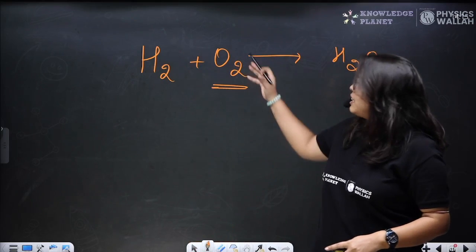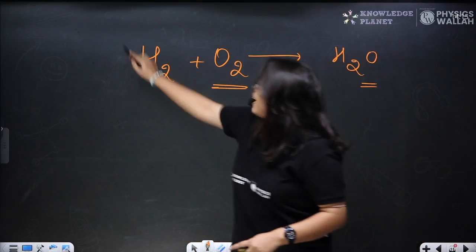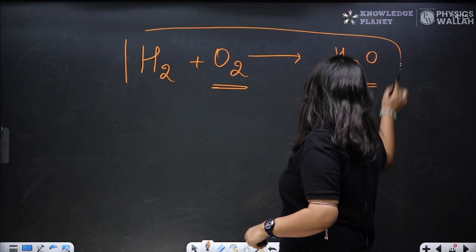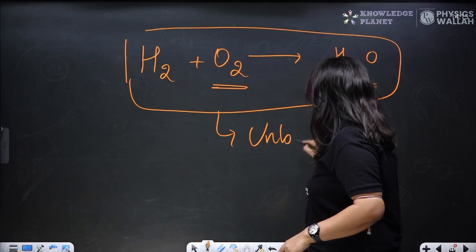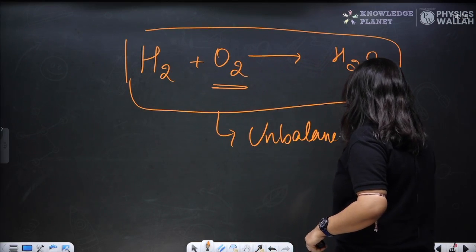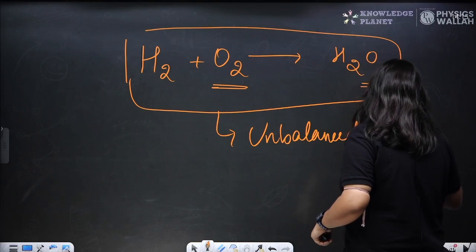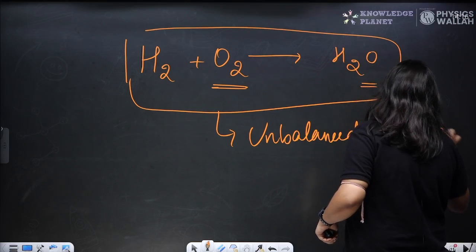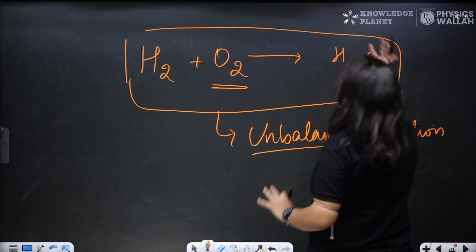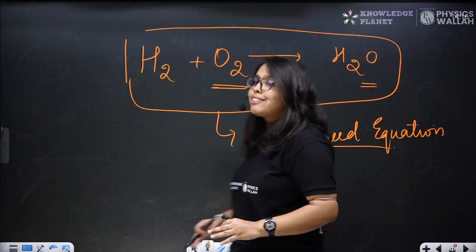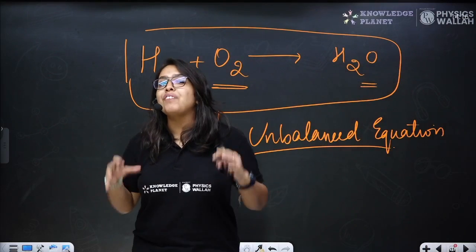And what are such equations called? So this right now is an unbalanced equation. There is no balance between the reactant and the product side with respect to the number of atoms.